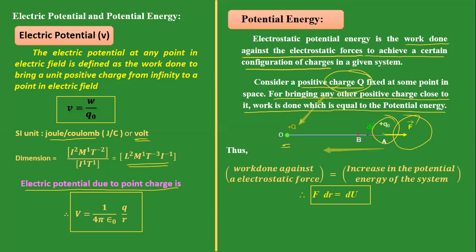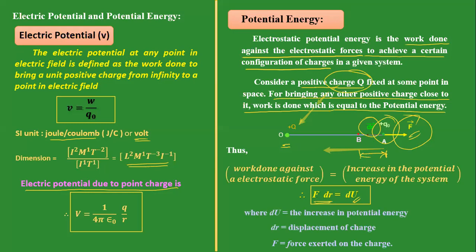If I consider that a charge is displaced from A to B, the displacement is dr, and the electrostatic force is F. So we get the increase in potential energy equal to F into dr. This is the formula for the increase in potential energy. So dU is the increase in potential energy, dr is the displacement, and F is the force exerted on the charge. I hope you understood this potential energy.